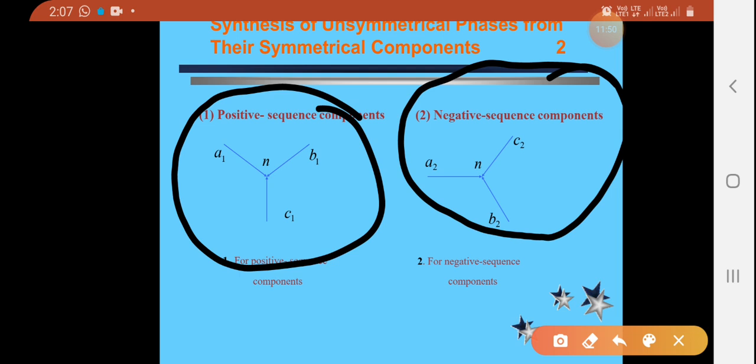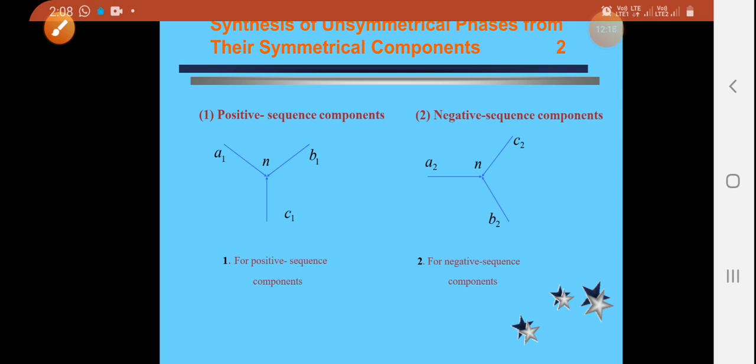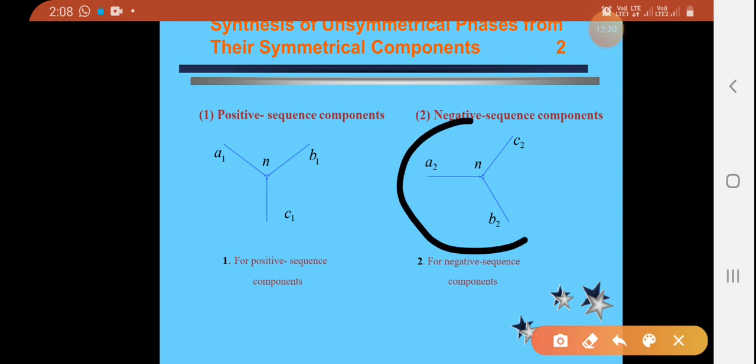Here also we have taken three phases, but the sequence is negative, because the sequence here is A2, B2 and C2 in the opposite direction from the original sequence.